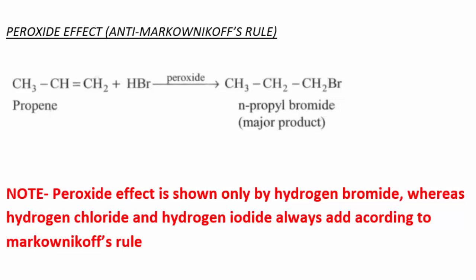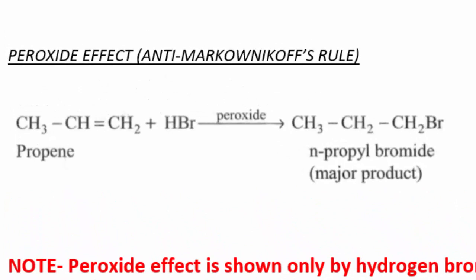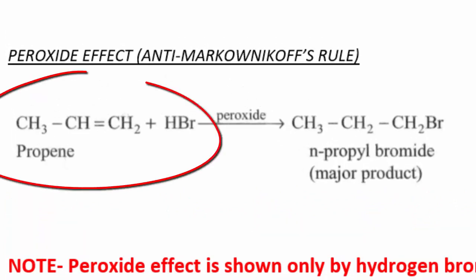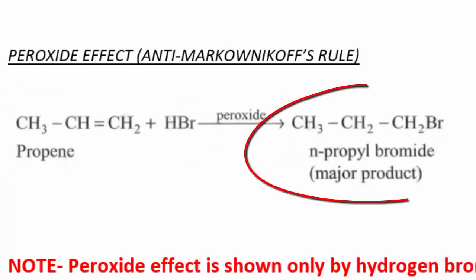Here one example is given, that is of propene. So when we react propene with hydrogen bromide in the presence of peroxide, then n-propyl bromide will be the major product.